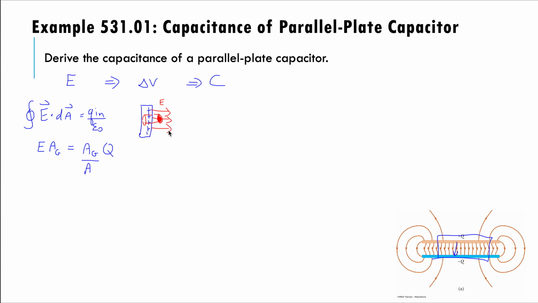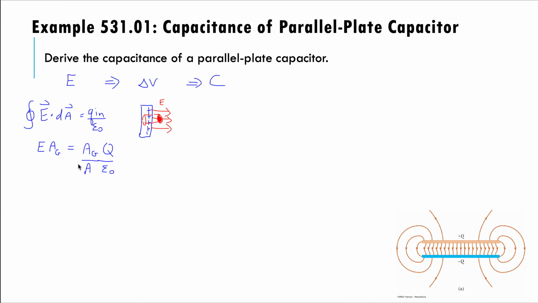We said in the video that one conductor will have a charge positive Q and the other conductor will have a charge negative Q, so we'll call it Q here. So really ask yourself, make sure that you understand why Q enclosed is this fraction times Q. And then we divide by epsilon naught.